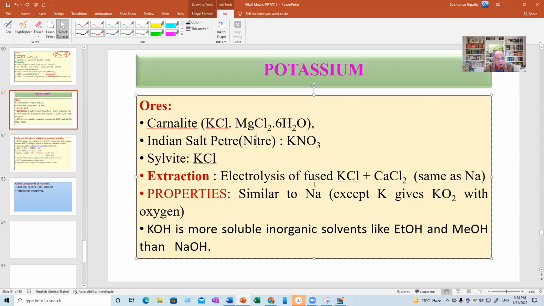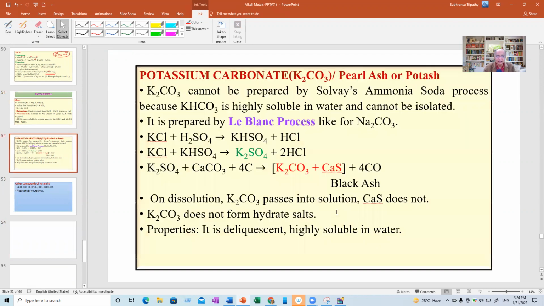Same electrolysis of fused potassium chloride instead of sodium chloride, but the other impurity, calcium chloride, is the same, similar to sodium. Except potassium with air or oxygen produces superoxide, like rubidium and cesium, not peroxide. KOH is more soluble in organic solvents like ethanol and methanol.